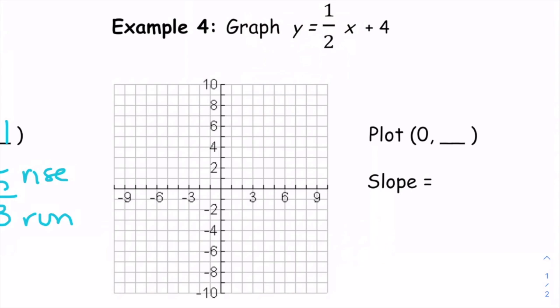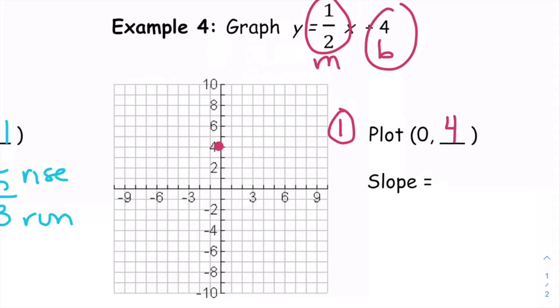Example 4, graph y equals 1/2 x plus 4. Here's my m, here's my b. So my first step is to plot my y-intercept, my b, which is 4. So 0, 4. My slope is 1/2. So my rise is 1, my run is 2 to the right, up 1, over 2.